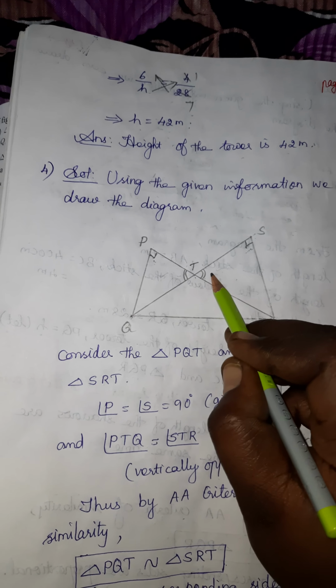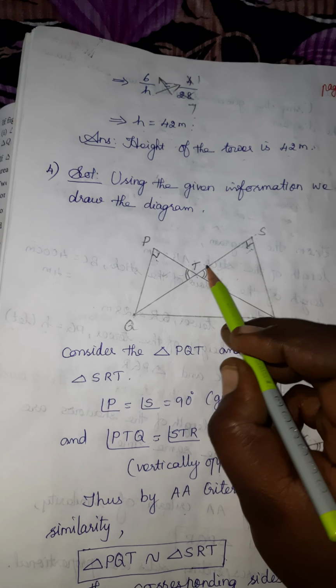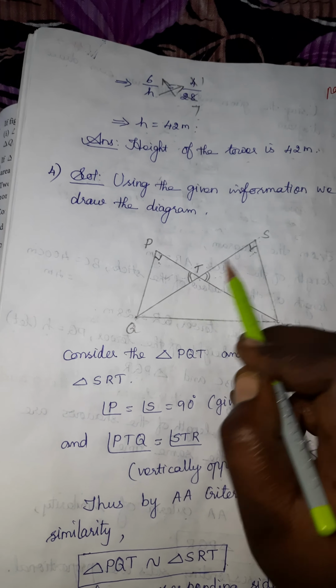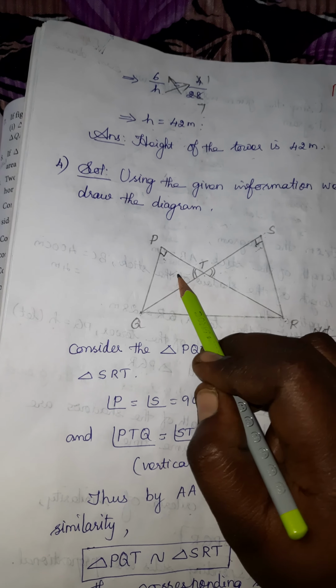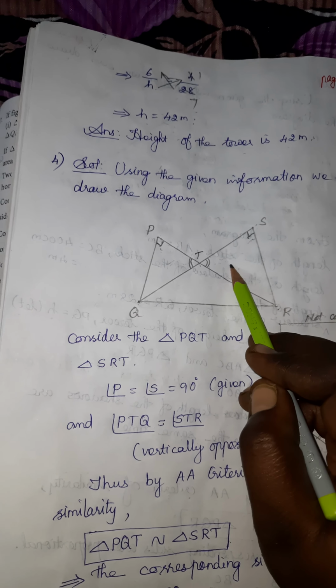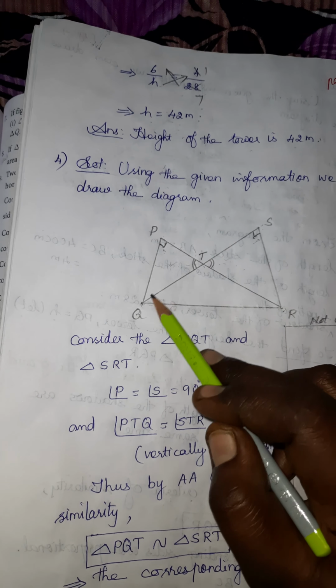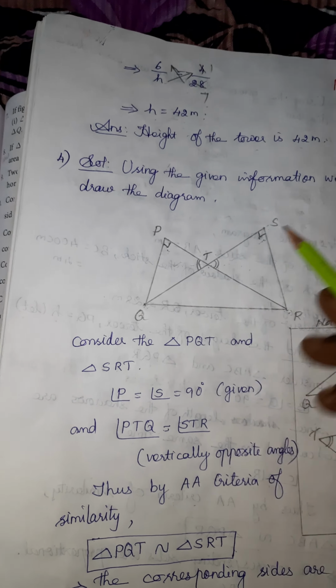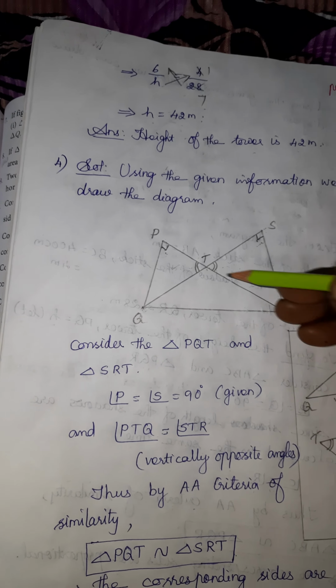So vertically opposite angles are also equal. So we get these two angles equal in both triangles. So we can say the triangles are similar. Okay, so triangle PQT is similar to triangle SRT.